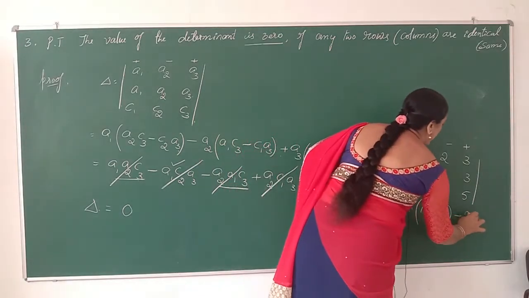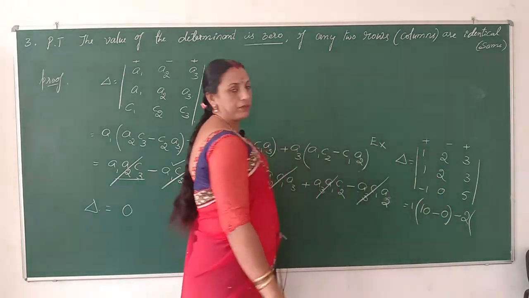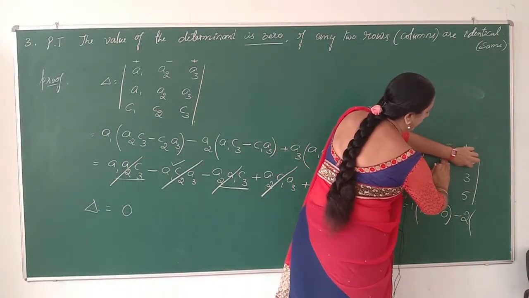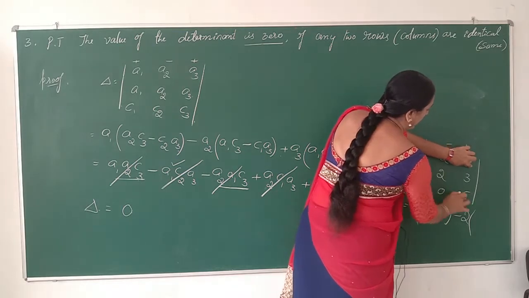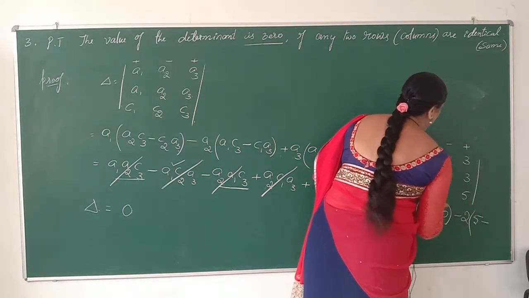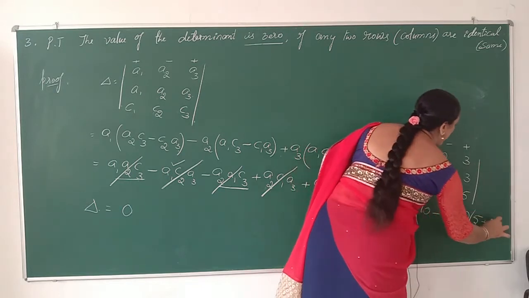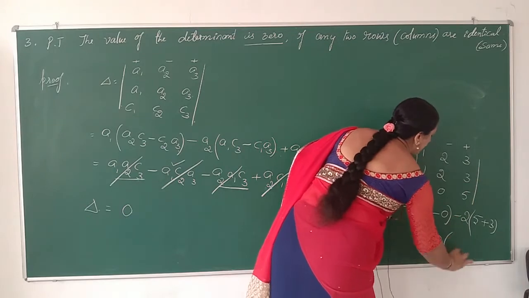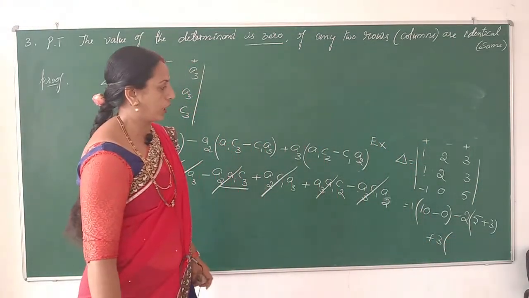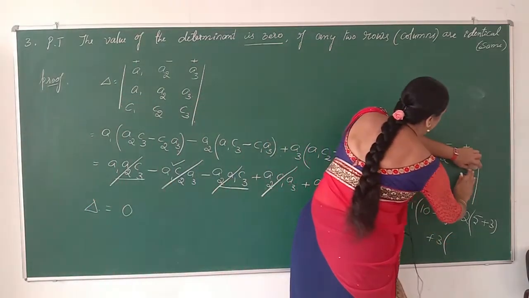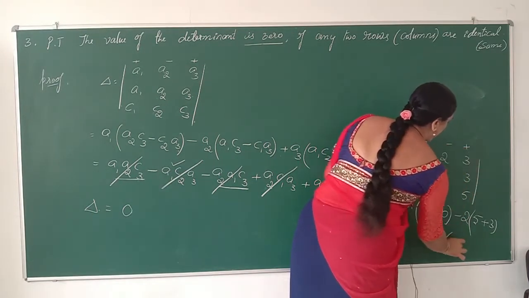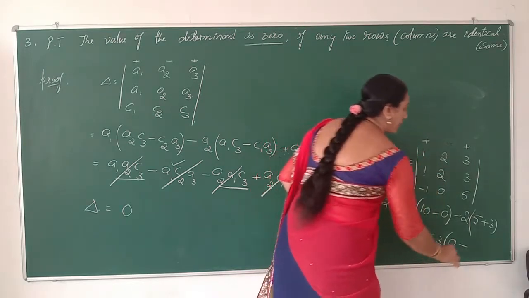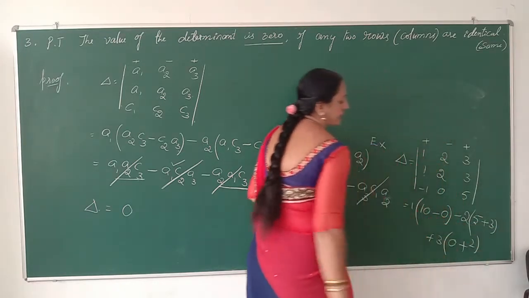The next element is minus 2. 2 is an element of the first row and second column, and those also get neglected and the remaining get cross multiplied. 1 into 5 is 5 minus 1 into 3 is plus 3. Then the third element is 3. 3 is an element of the first row and third column, and those get neglected and the remaining get cross multiplied. 1 into 0 is 0 minus 2 into minus 1 is minus 2, that is minus into minus is plus 2.